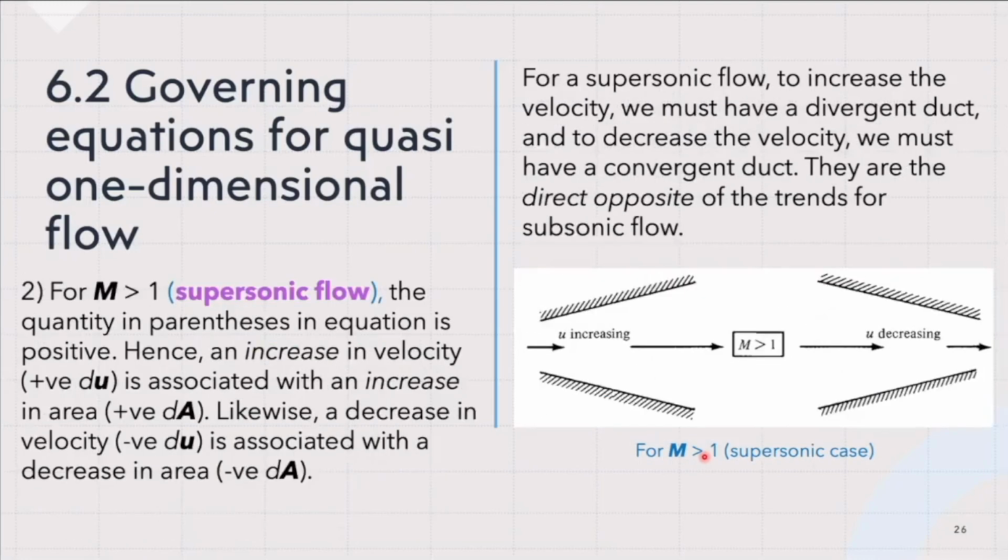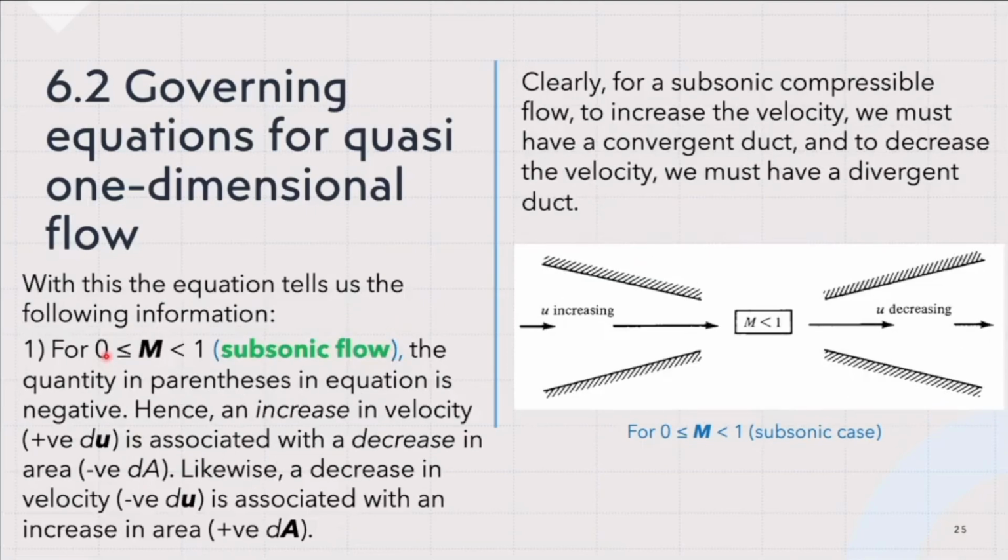Let us look at another case, for Mach number more than 1, supersonic flow. The quantity in the parenthesis in the equation is positive because Mach number is more than 1.